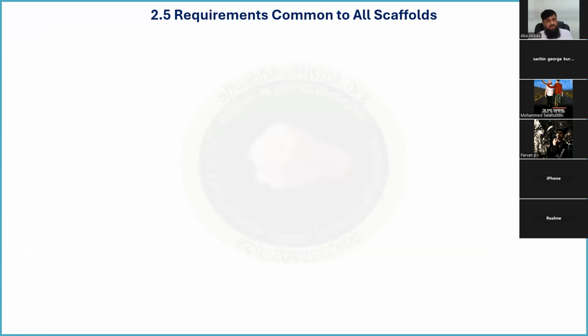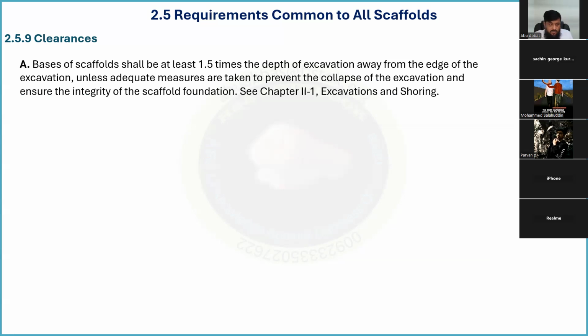Next point we have clearance. So for the clearance, base of scaffold shall be at least 1.5 times the depth of excavation away from the edge of excavation, unless adequate measures are taken to prevent the collapse of excavation and ensure the integrity of the scaffold foundation.